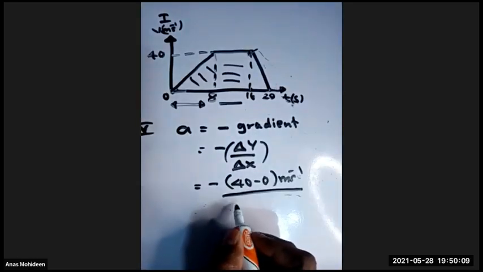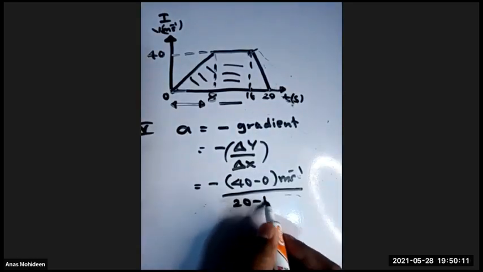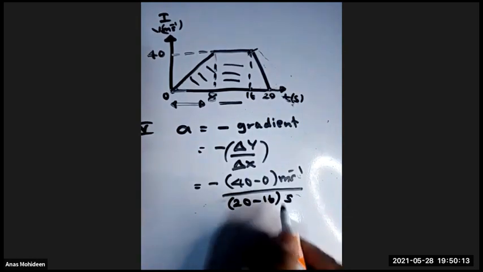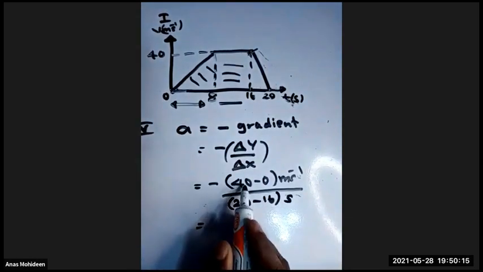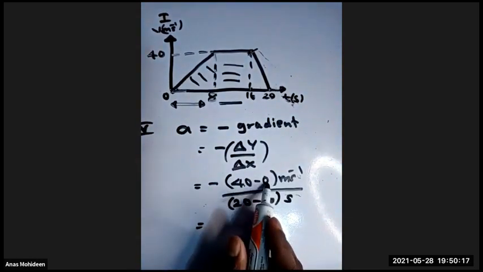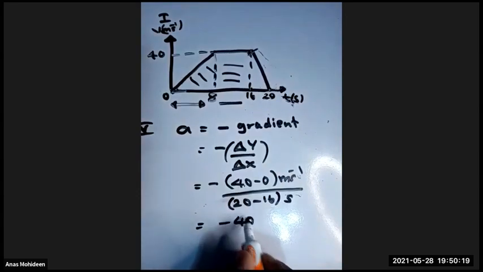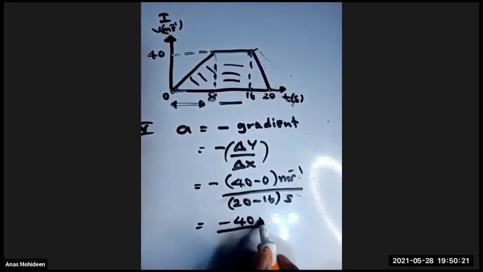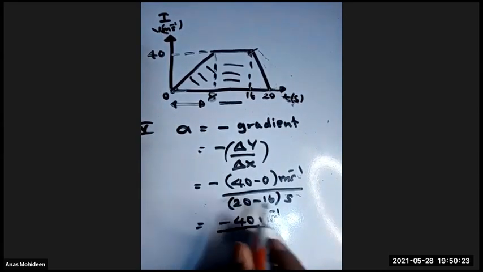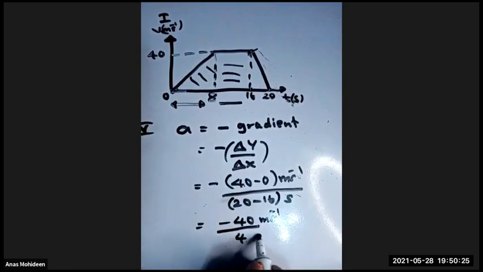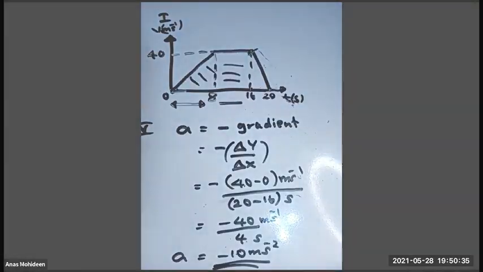Dividing by delta x, it's 20 minus 16. So how much? 40 minus 0 here, right? Dividing by 20 minus 16, it's 4. You get the answer, minus 10 ms⁻² is a. That means deceleration is 10.